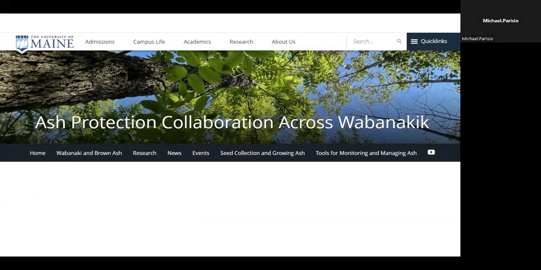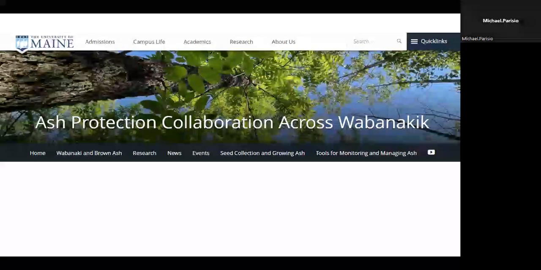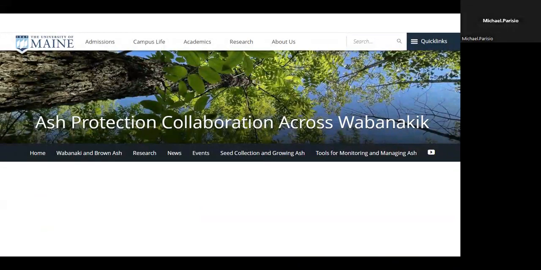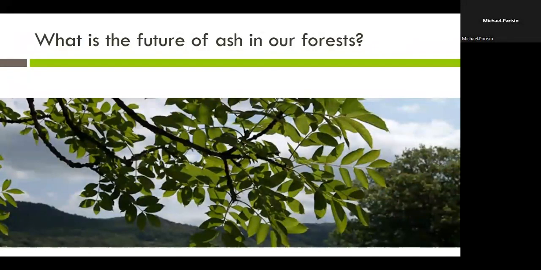If people are interested in participating in seed collection on their own, you can go to their website to see protocols for how you can best do this yourself. If you're interested in planting them yourself, there are also seed banks that are accepting these seeds that have different standards for how you should process the seeds beforehand, but they have all that information on there.